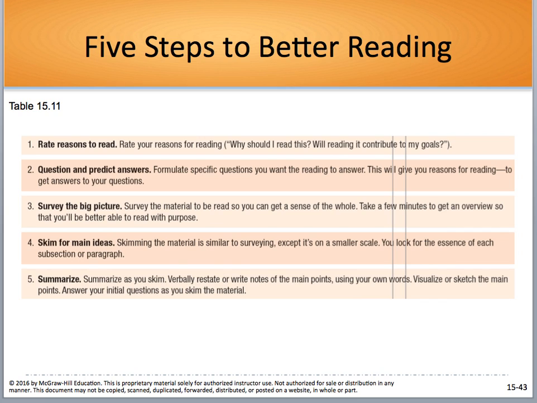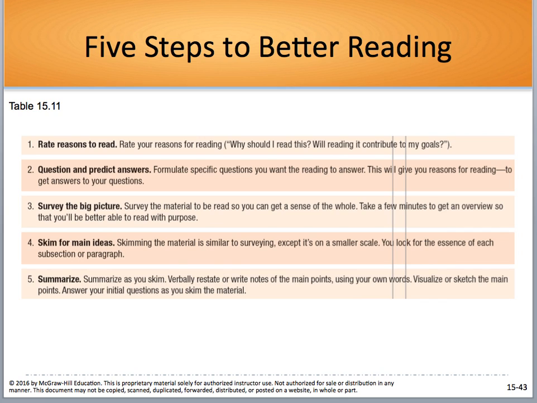Survey the big picture. Take a few minutes to get an overview so you'll be better able to read with purpose. Skim for main ideas. This is very key when you're reading the textbook, right? It's similar to surveying, but on a smaller scale. You look for the essence of a subsection or paragraph, zoom right in, and it helps you wrap your mind around what is being said in the letter, the chapter, or the proposal.